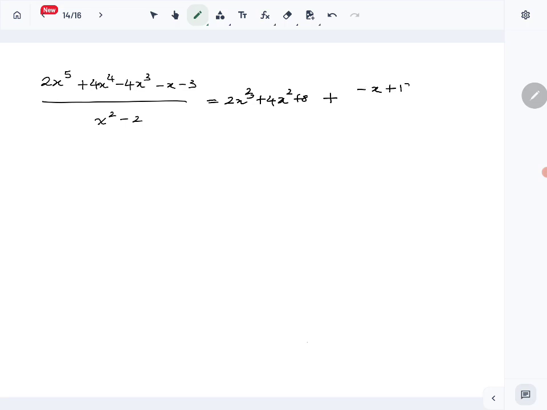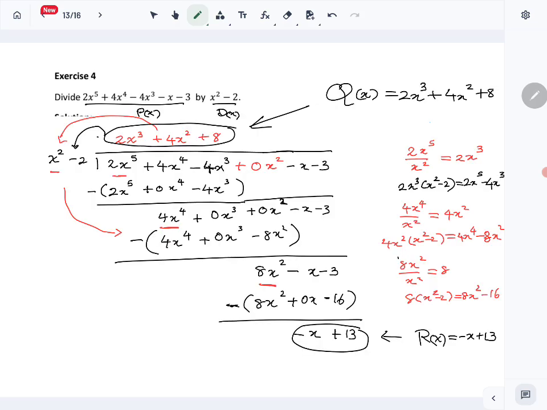Minus x plus 13 over x squared minus 2. So that is the first form.